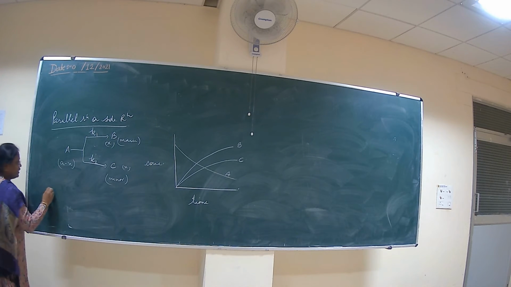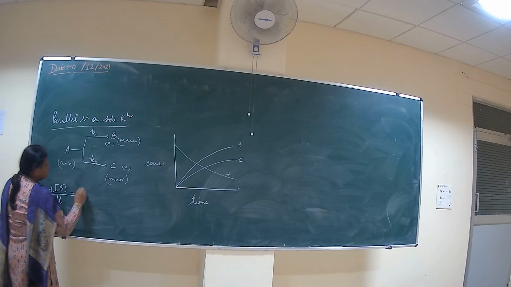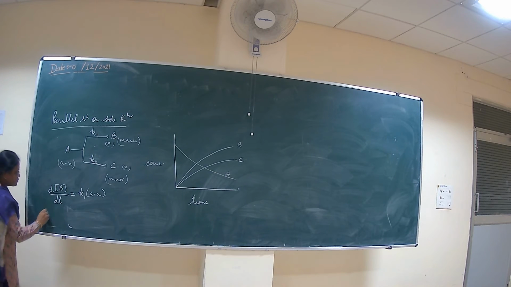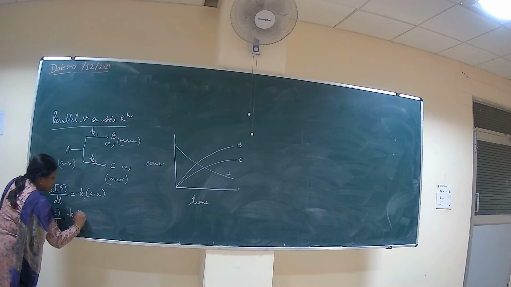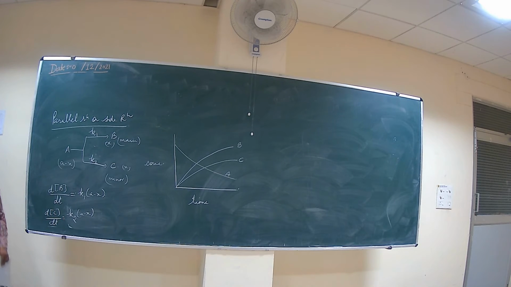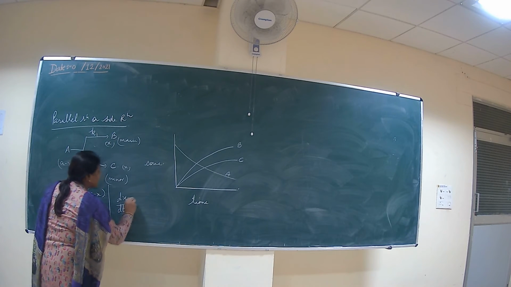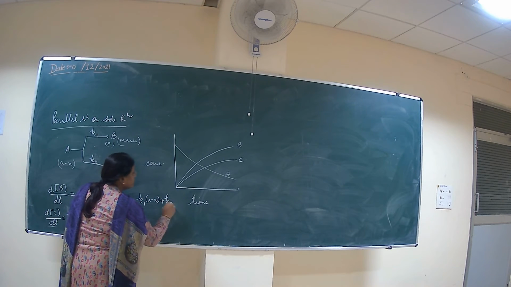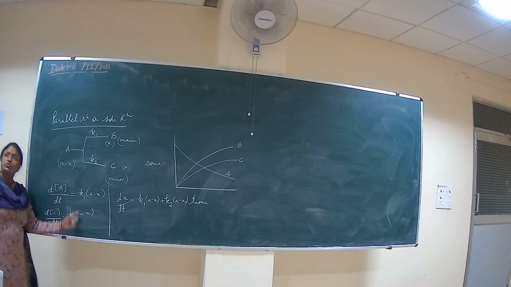तो इसके लिए हम लोग कैसे लिखेंगे, small change in the concentration of B with respect to time equal to K1 A minus X. And small change in the concentration of C with respect to time equal to K2 A minus X. And when we find the overall product rate, then small change in the concentration of product with respect to time equal to K1 A minus X plus K2 A minus X. So for the overall product, it is the sum of these two equations.